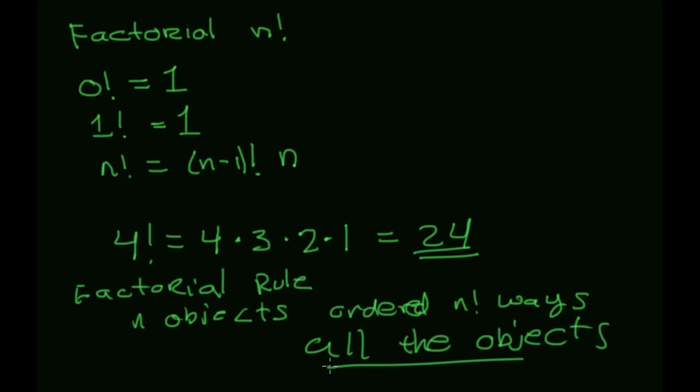Well, what if I only want to order some of them? Like let's say I want to pick 3 objects at random out of my set of 4, and then I want to see how many different ways I can order those 3 objects, right? So this is what we're going to call a permutation. Okay, so we're going to get a permutation rule.